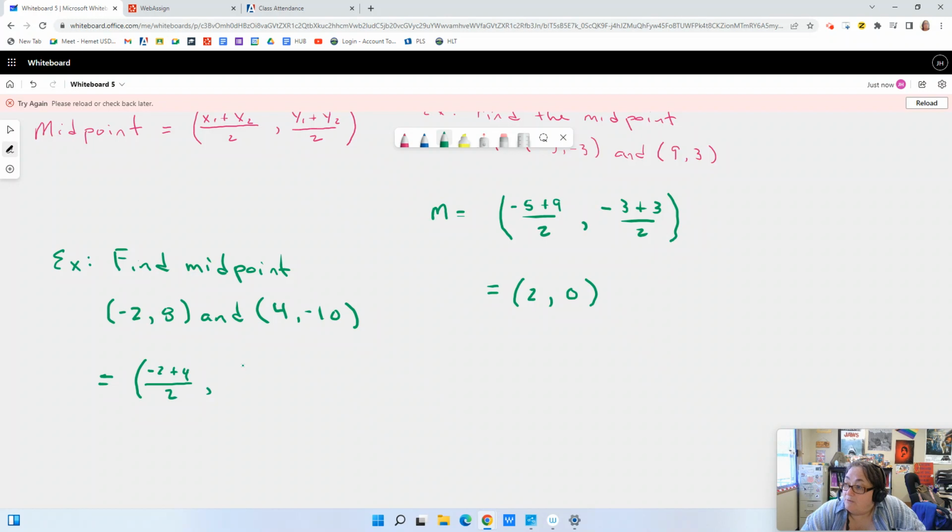And for our y, we've got 8 plus -10 over 2. -2 plus 4 is +2. 2 over 2 just equals 1. 8 minus 10, well, that's -2. So I've got -2 over 2, which is -1.